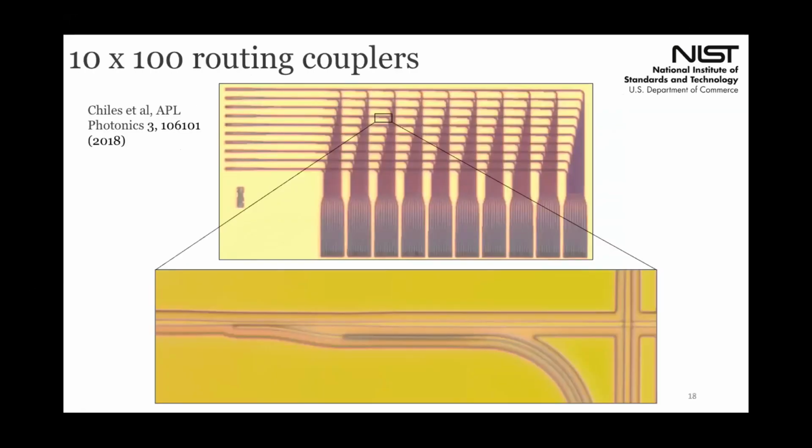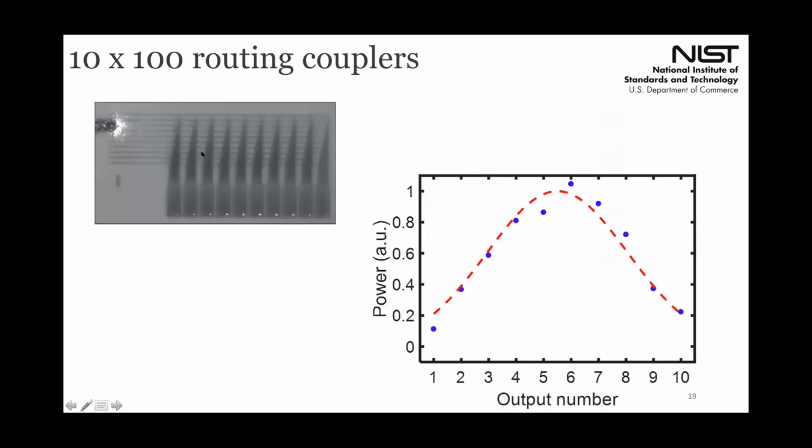Using this technology, we were able to do these 10 by 100 routing couplers. In this case, it's using 2 layers of silicon nitride waveguides. These are all the input gratings. Each of these could, let's say, correspond to the output of a neuron. And here, each of these groups of 10 corresponds to 10 synapses at a downstream neuron. This is an optical microscope image of the experiment.